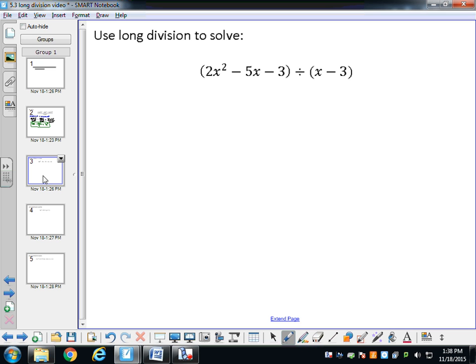Example 2, use long division to solve. First, set it up. X minus 3 outside. And then inside, since I'm starting with a quadratic term, make sure every exponent is accounted for. Quadratic, linear, constant, so I'm okay there.